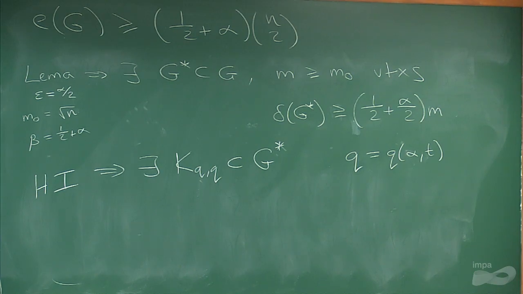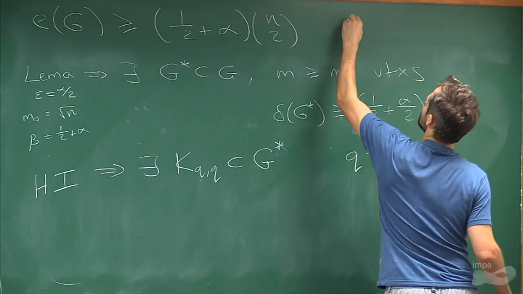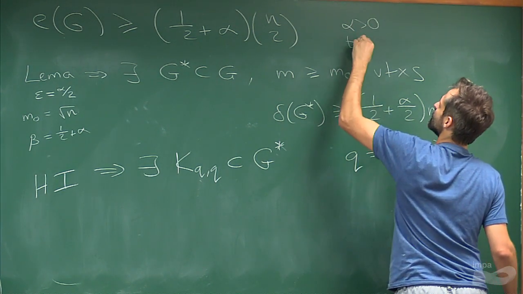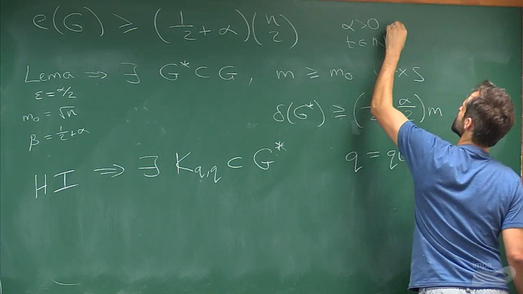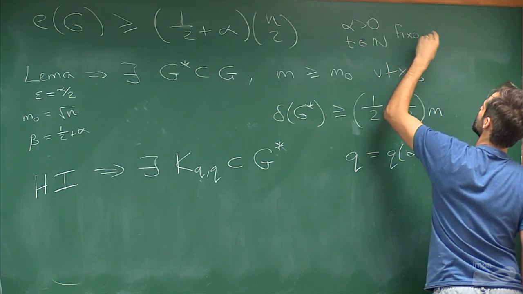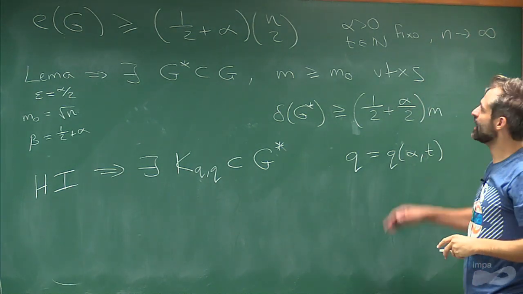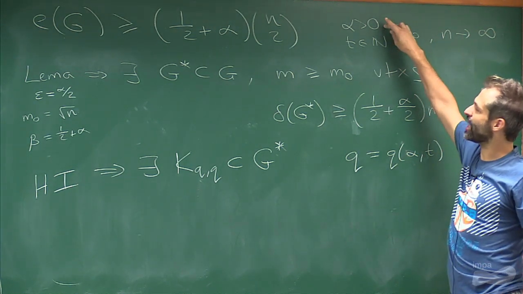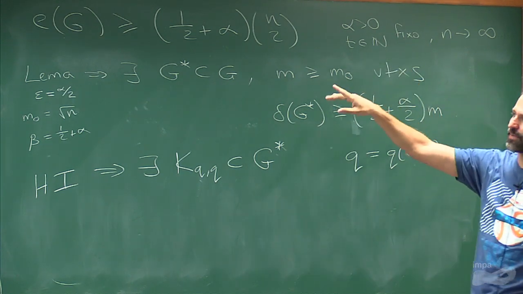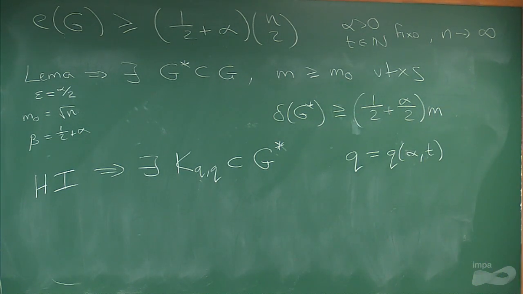Yeah, but I'm not letting it decay fast. I'm choosing it to be fixed. So alpha and t are fixed, and n tends to infinity. And if I can prove it for every alpha and every t, I claim that I've proved the theorem. There's enough to prove little o of 1, because you just need something to go to 0 at some rate. It doesn't have to be fast.